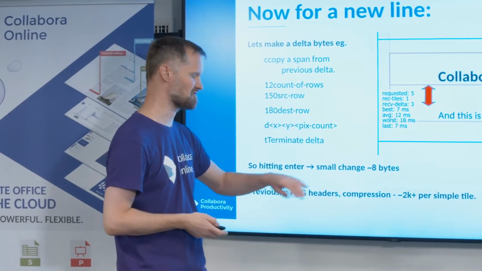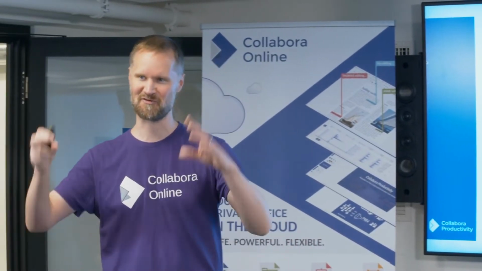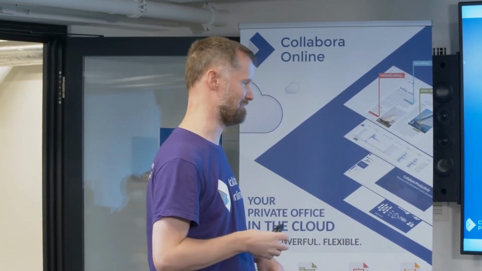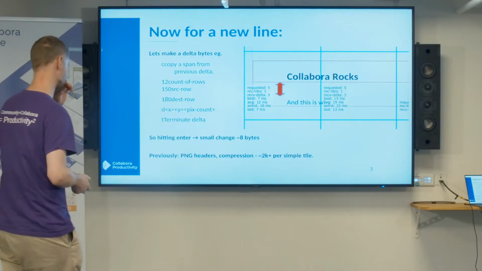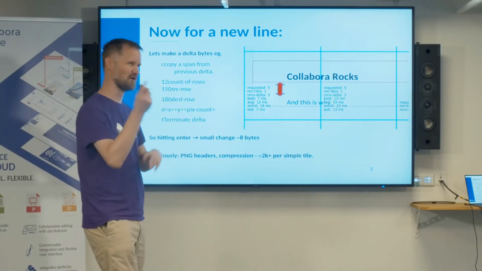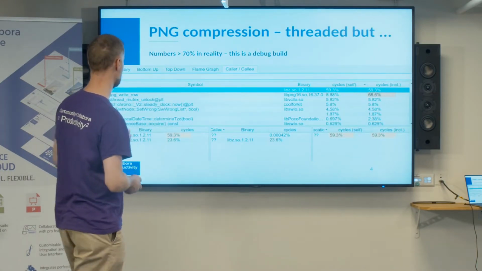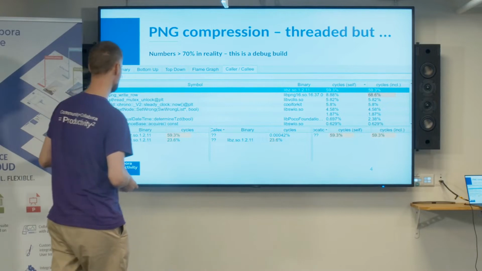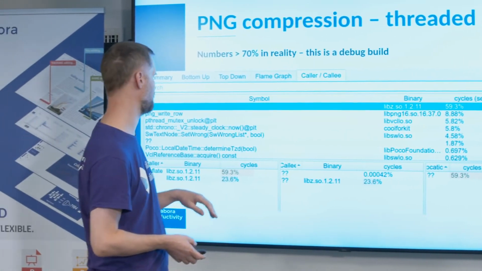And the PNG thing was quite verbose. There were PNG headers in there. We didn't put metadata and photographer name and things like that, right? But there's quite a lot of framing and nonsense in there. And as it compressed, it would try different schemes to try and make it smaller, which was kind of slow. And in consequence, you would see these 70% plus for PNG compression.